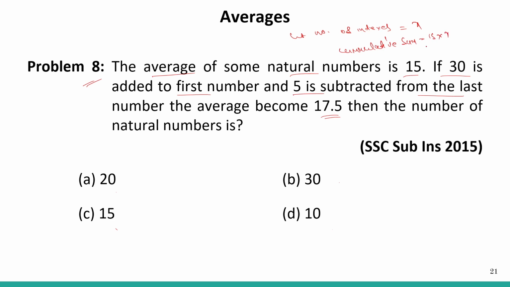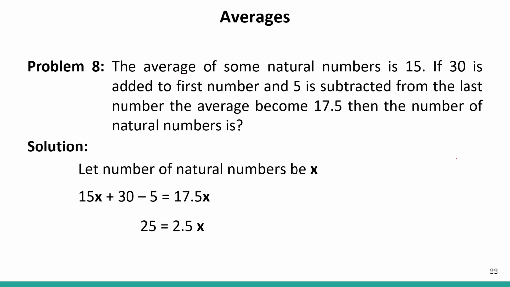If 30 is added to the first number and 5 is subtracted from the last number, the average becomes 17.5. So the number of natural numbers is it 20, 30, 15 or 10? Let the number of natural numbers be x. So the cumulative sum is equal to 15x. This question has appeared in the SSC Sub Inspector 2015 exam.